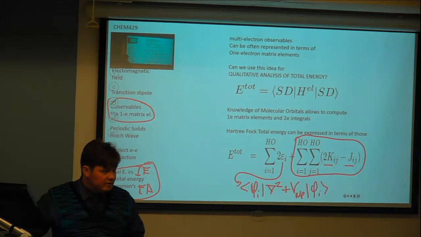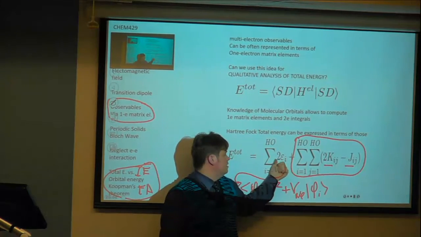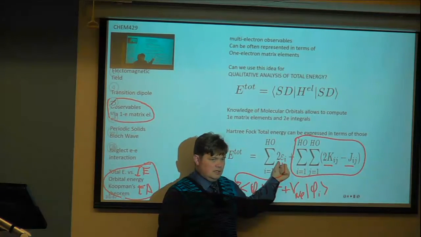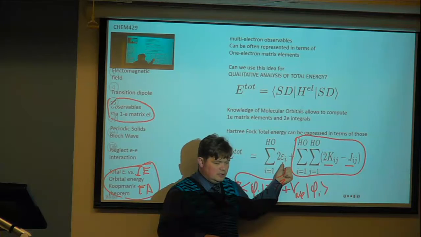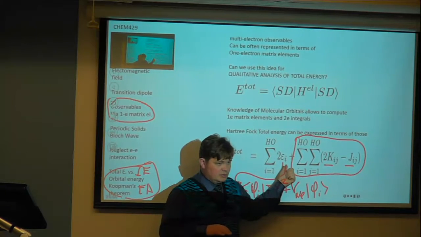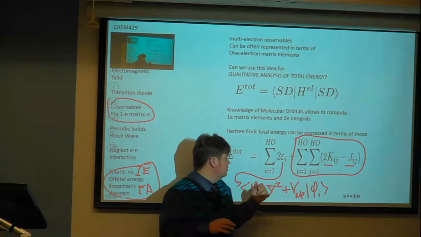And the last thing we did last time was Koopmans' theorem, right? If you drop Coulomb and exchange, the energy of a multi-electron state is just adding together the orbital energies of all occupied orbitals. This is not correct. This is a very strong approximation, but it gives us a picture of how to interpret it.